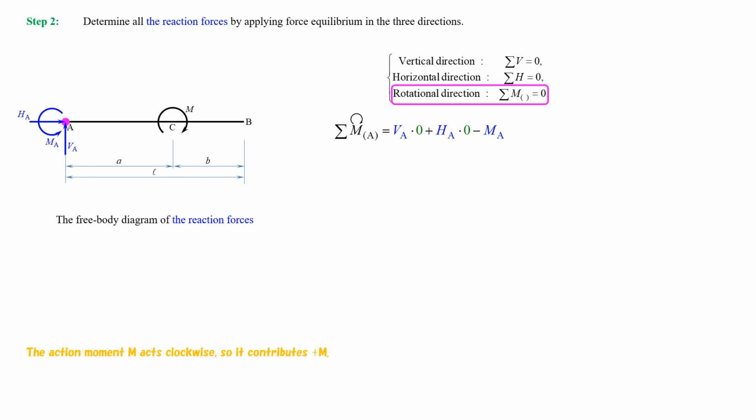The action moment m acts clockwise, so it contributes plus m. To achieve equilibrium of moments, the algebraic sum must be 0. This concludes the discussion on the moments.